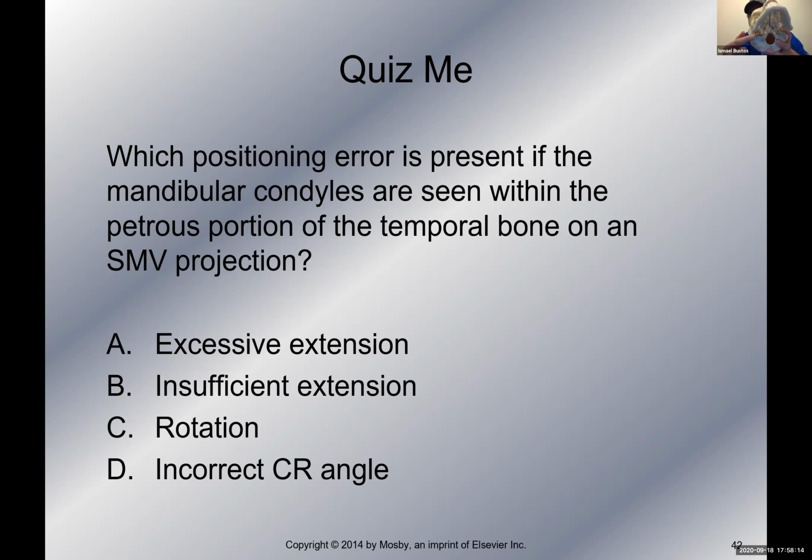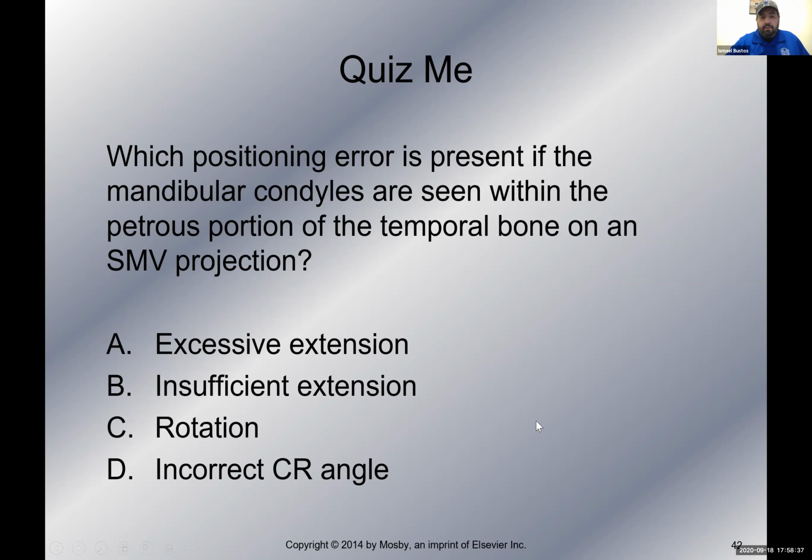If they're located in the petrous portion, what happened? I either had excessive flexion, insufficient extension, or what else could have happened? The CR was not perpendicular to the IOML. Okay, but the answer here would be insufficient extension.